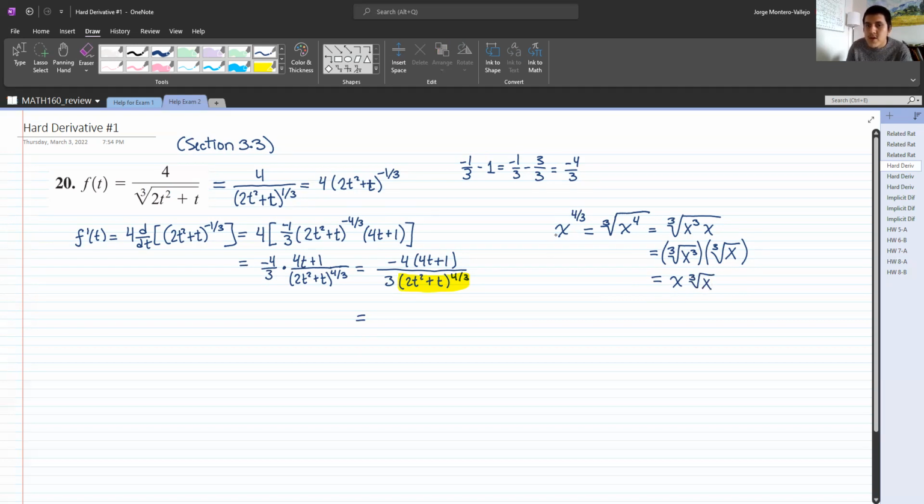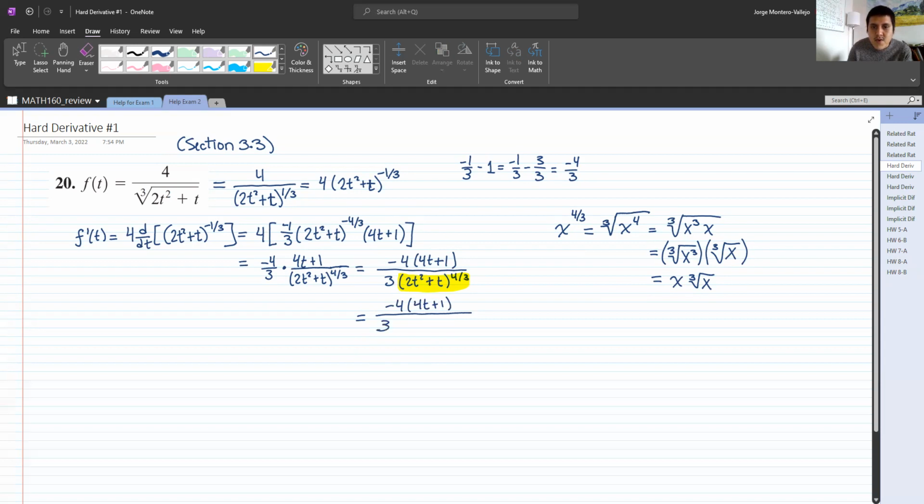So whatever my expression is, if it's raised to 4/3, I can write that as the expression outside of the cubic root times the cubic root of the expression. So I'm going to do that to 2t squared plus t. So minus 4t plus 1, divided by 3.